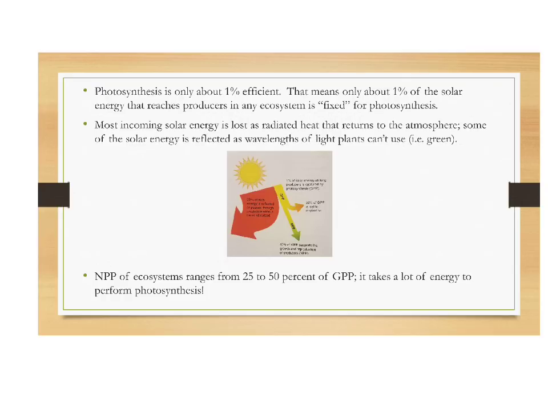Most incoming solar energy is lost as re-radiated heat that returns to the atmosphere. So incoming solar radiation hits a plant leaf. About 1% of that the plant uses to do photosynthesis. The rest is returned as re-radiating heat to the atmosphere. Some of this solar energy is also reflected as wavelengths of light that the plant cannot use.